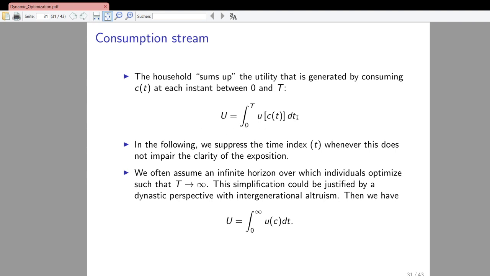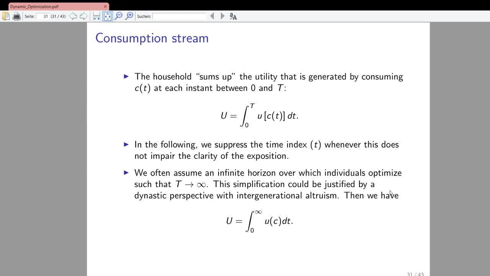And in the following, we will follow the convention in the literature and suppress the time index t whenever this can be safely done without impairing the clarity of the exposition, because we save a lot of notation in doing so.